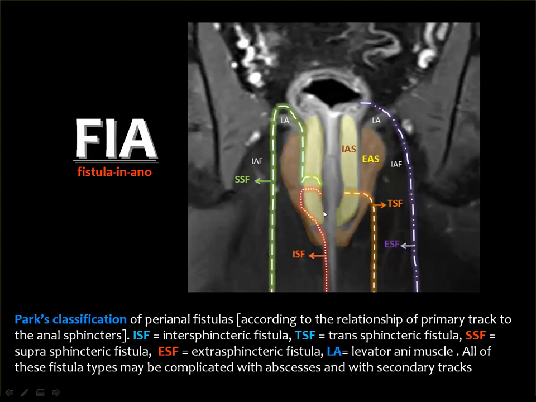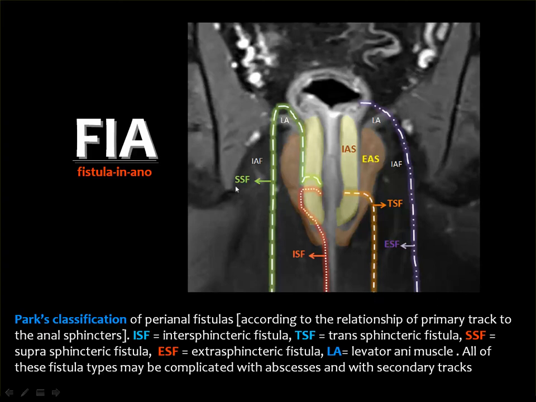This is the intersphincteric fistula, which passes between the internal and the external sphincter to the outside. Then the transsphincteric fistula crosses the internal and the external sphincter into the ischioanal fossa to the outside.